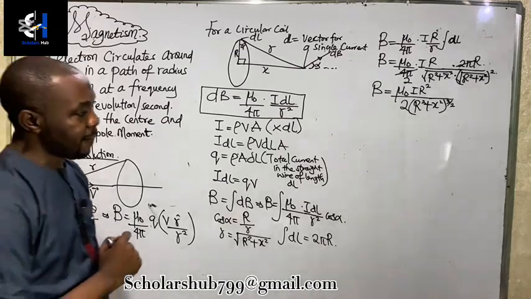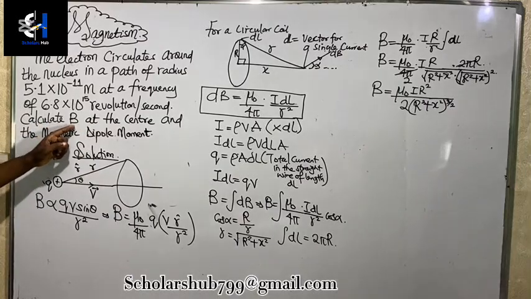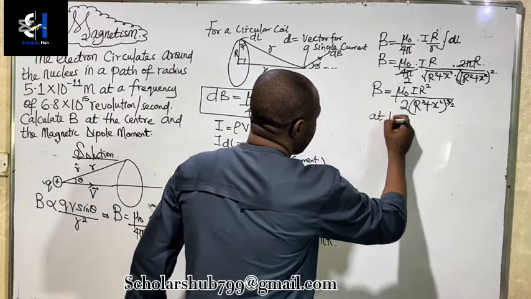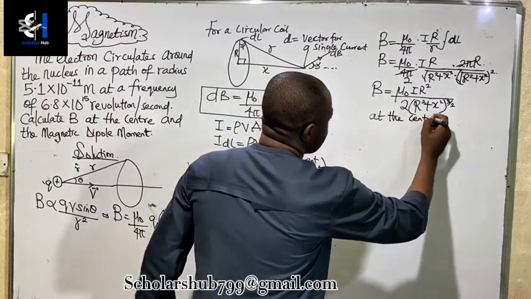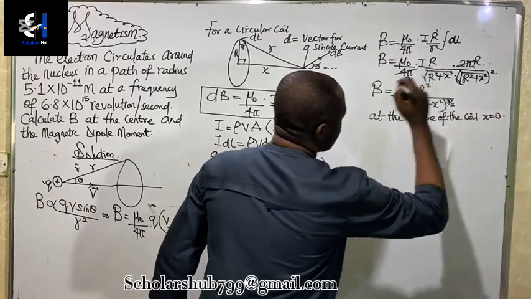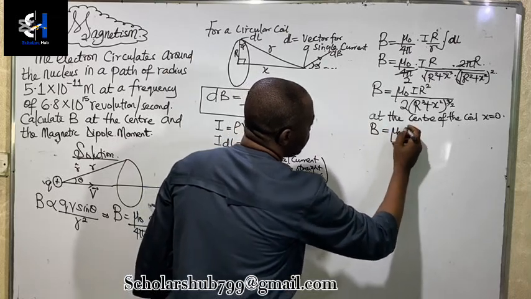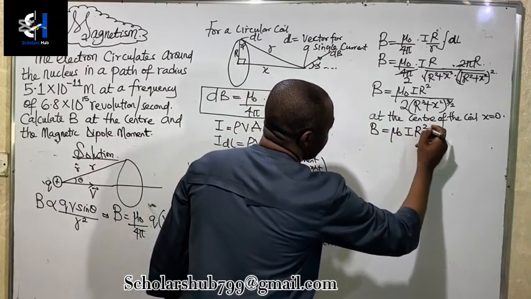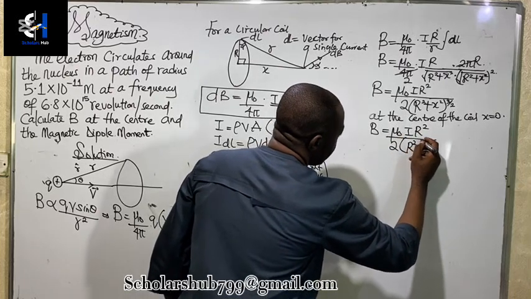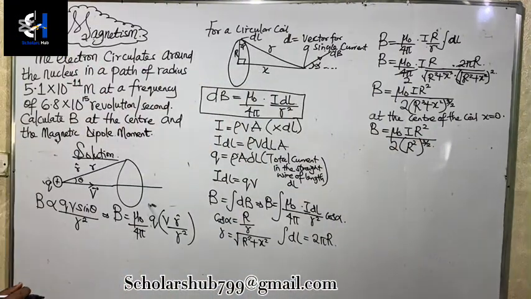All right. Now, we are asked to calculate the magnitude of B at the center of the coil. At the center of the coil, x will be equal to 0, so B will be equal to permeability of free space times I, multiplied by R squared over 2 bracket R squared raised to the 3 over 2.